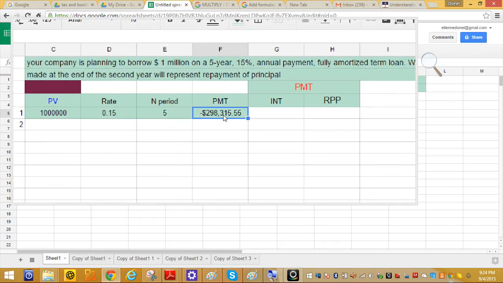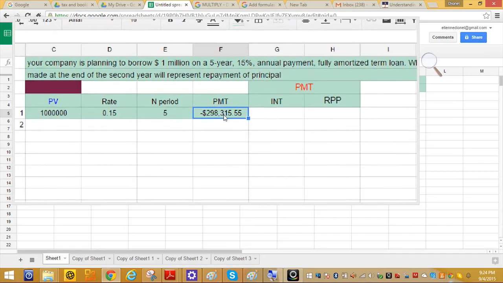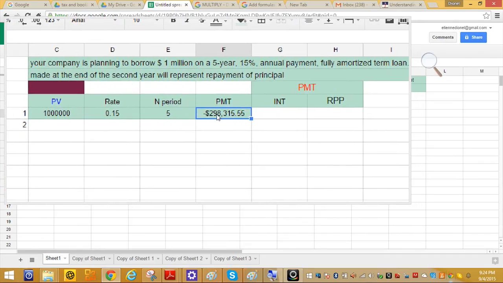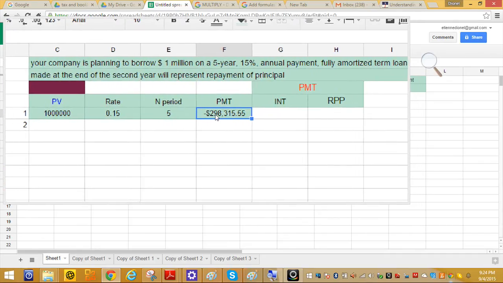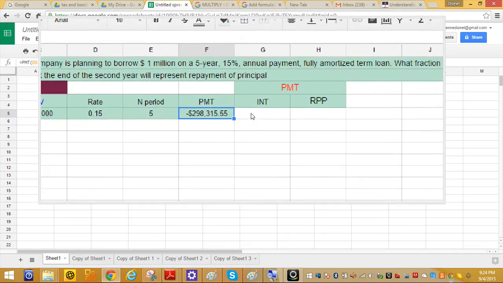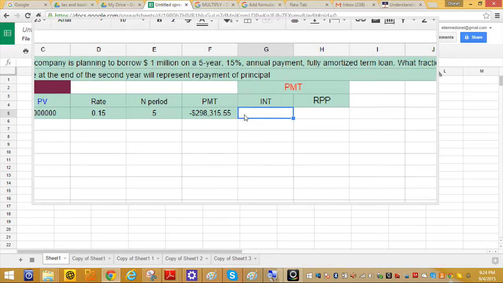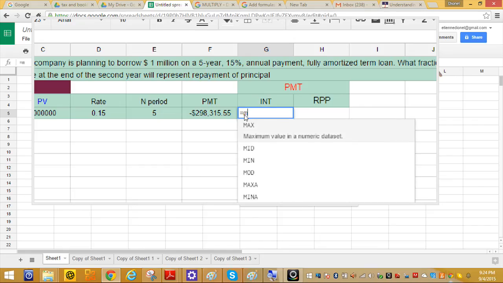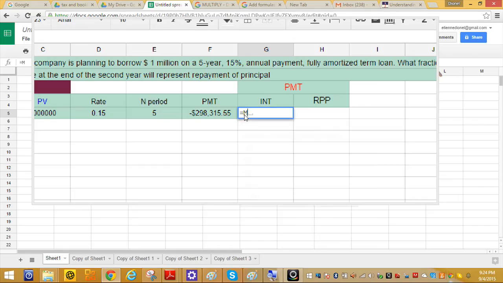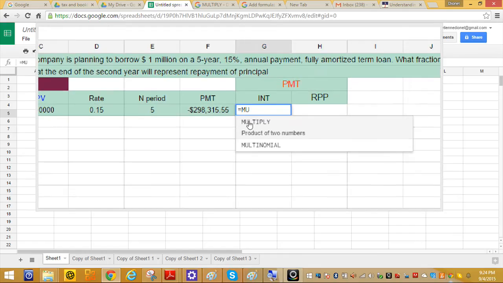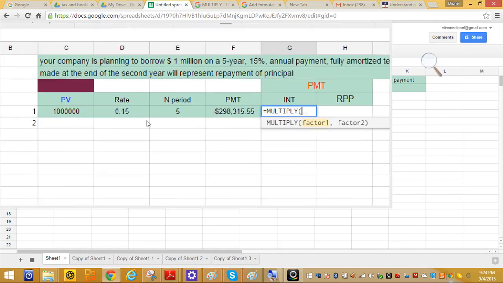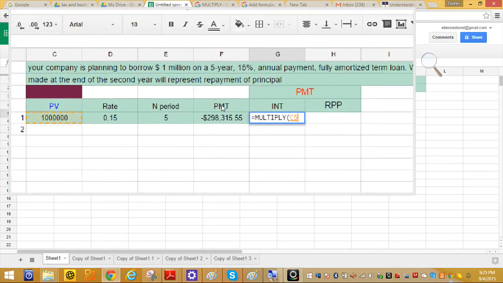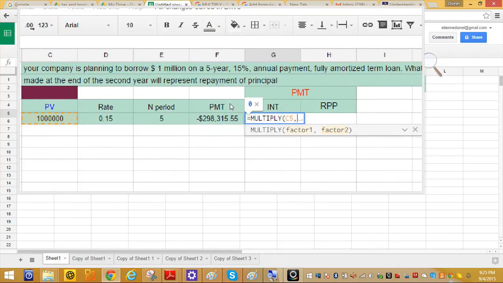But understand, not all of this is gonna be applied to the principal. Part of it is gonna be the interest. Let me show you the interest. I put an equal sign, it's gonna be a multiplication between the present value, comma, and then the rate.